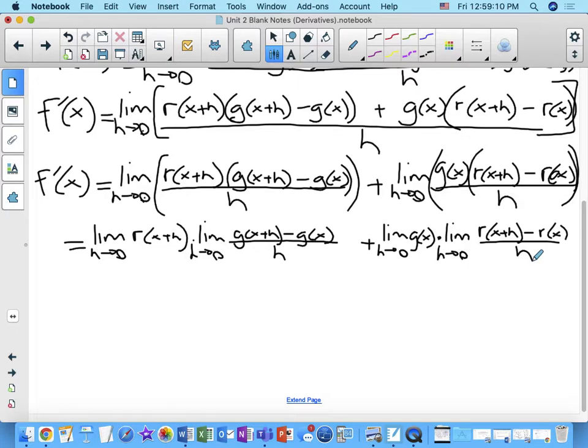Okay, because basically this piece is r of x plus h times this fraction. So now I'm breaking it up into the product of two limits.